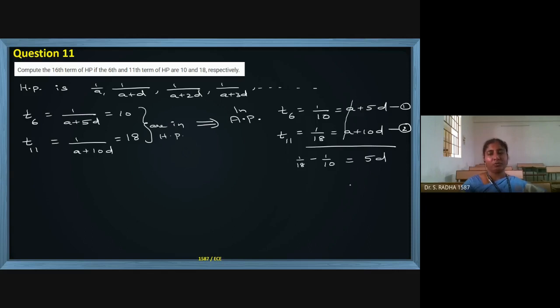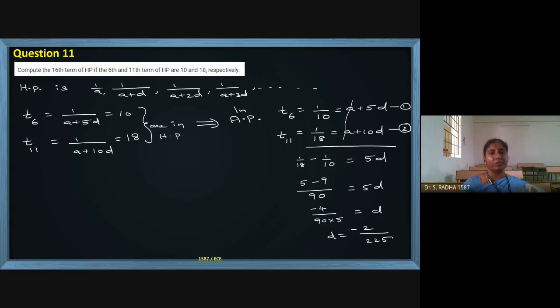So now 5d value, if you take LCM, we can put 90, and 5 times 9 times. If you take 5 to the left side, the numerator is minus 4 divided by 90 into 5, and the d value is nothing but minus 2 by 45 into 5, which is 225.